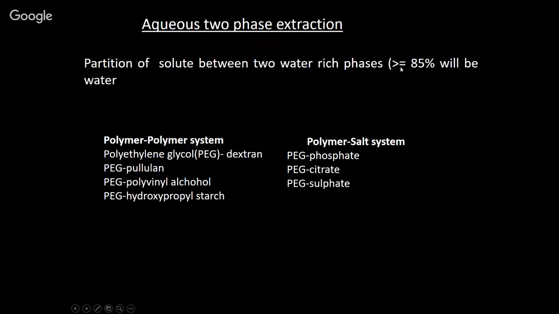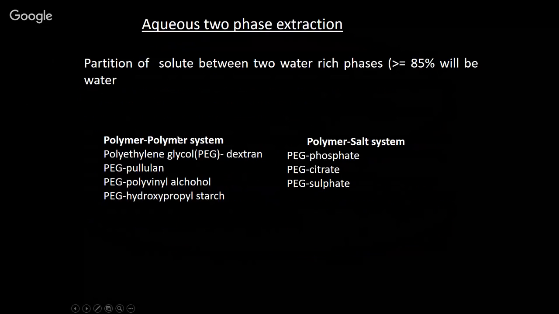Generally, we use a solvent to extract a product from a fermentation broth, which is predominantly water. But here we are using water itself to extract a protein from water. That's the challenge of this. So 85% will be water.